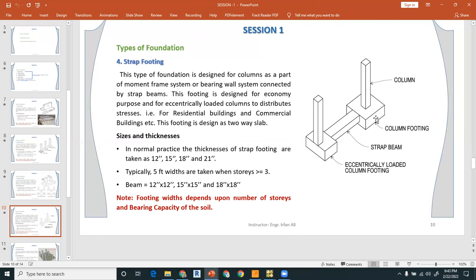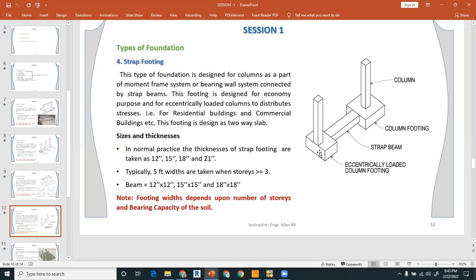If it is greater than 1, then you have to minimize it. What is greater than 1? This is the demand to capacity ratio. The demand to capacity ratio should always be less than 1 for the punching demand. So then you have to provide this beam. When you connect this beam from column to column in this isolated footing, there will be no punching of this column, and you will achieve the desired properties of the footing using this strap beam with 12 inches thickness and so on.